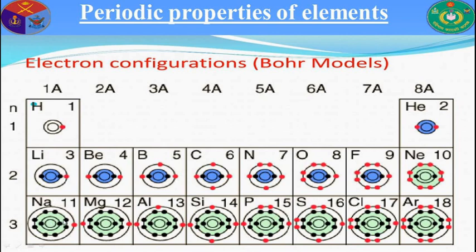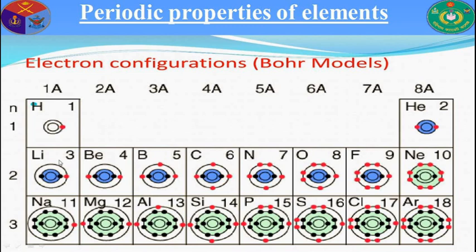That's why a lesser amount of energy is needed to remove the electron from the outermost energy level. That's why the ionization energy decreases when we move from top to bottom in any group in the periodic table.